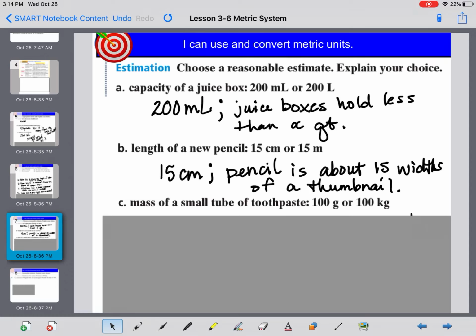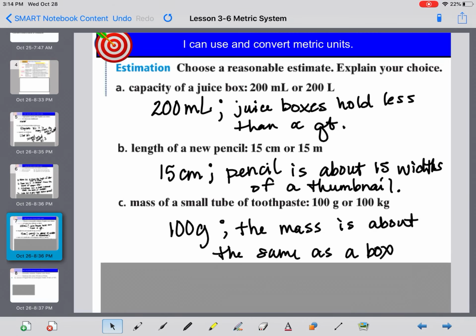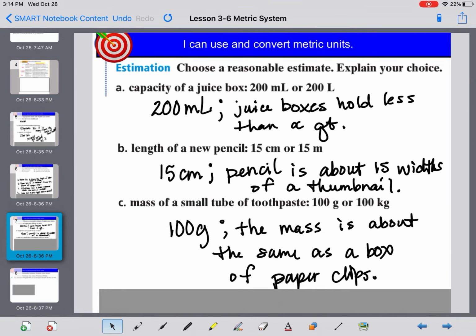Letter C, which best describes the mass of a small tube of toothpaste? 100 grams, remember a gram is a paper clip, or 100 kilograms, which is about half of the weight of a textbook. I said 100 grams because the mass is the same as a box of paper clips.